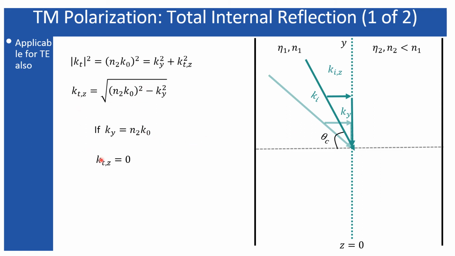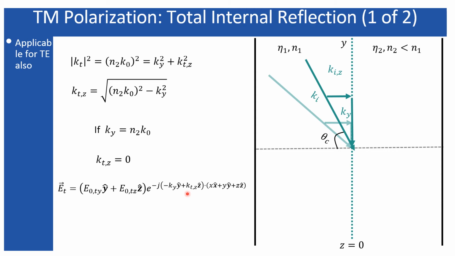The z component for the transmitted wave vector will be 0. If this is the equation that defines the propagating wave in medium 2, look here, the propagation is taking place based on these two components, the y component and the z component.